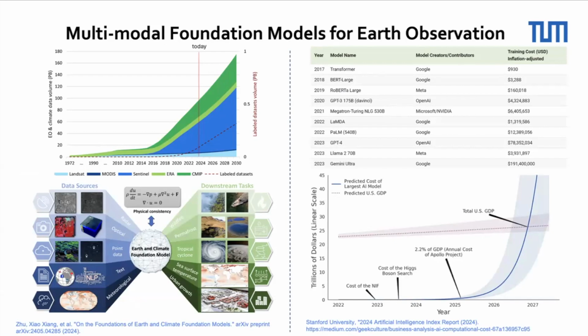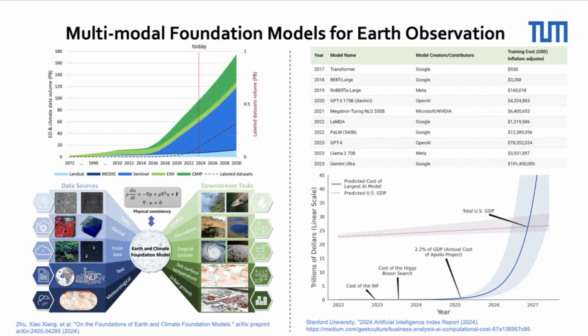But one problem with foundation models is that they are quite expensive to train. For example, if Google trains a Gemini Ultra model, it would cost about $200 million. It's quite expensive, and it is also not environmentally friendly. If everyone of us is training foundation models for different data sources separately, I think the computation cost would be very large.